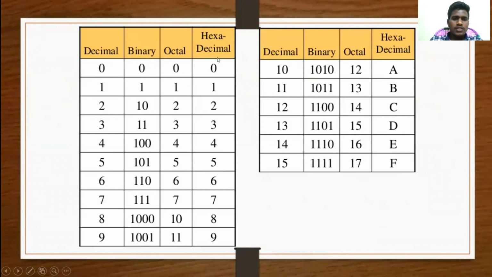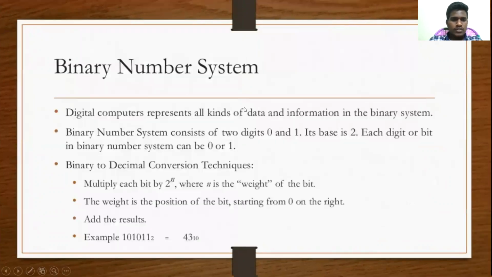And in hexadecimal we have up to 9, and from the decimal number 10 it starts with alphabet A, for 11 it is B, for 12 it is C, for 13 D, 14 E, and similarly 15 F. We have to remember this table to get perfect in these conversions in the number system.